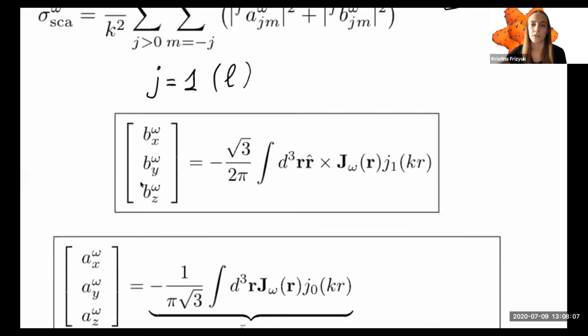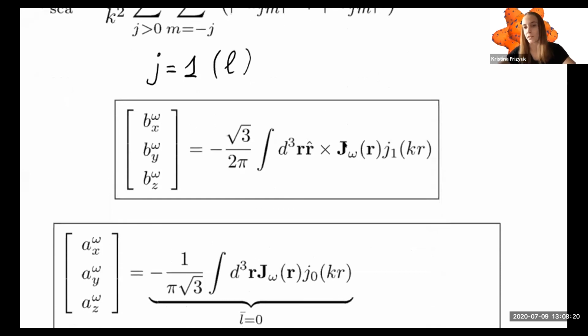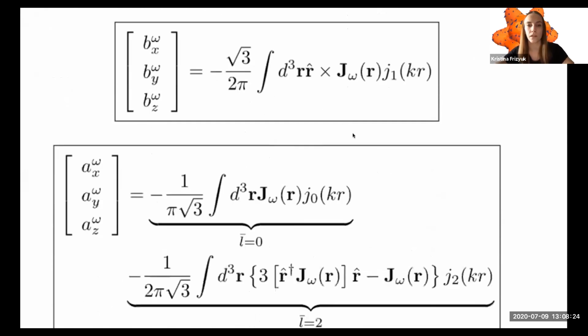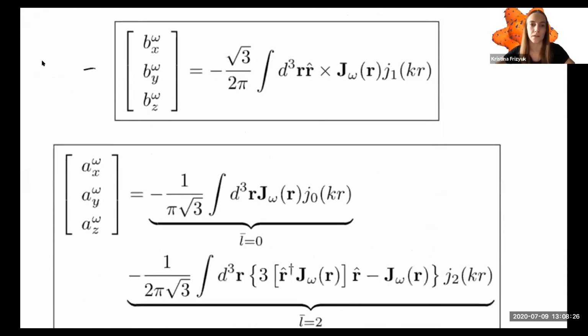So this is a vector of these coefficients, and it is equal to some integral with the product of the current, because you know the current since you have computed it in COMSOL. This is the magnetic dipole, and this is the electric dipole.